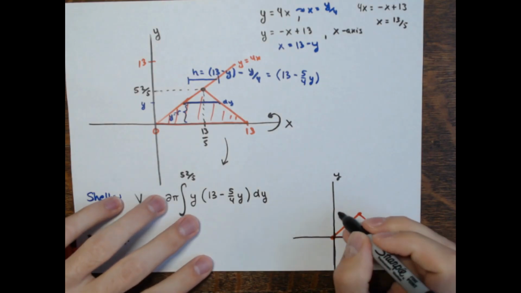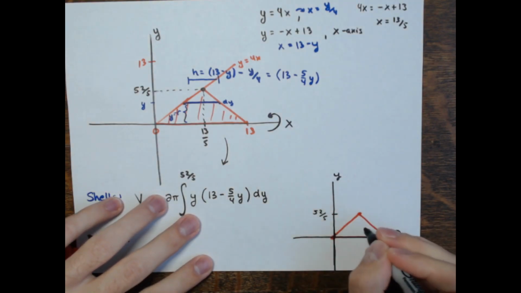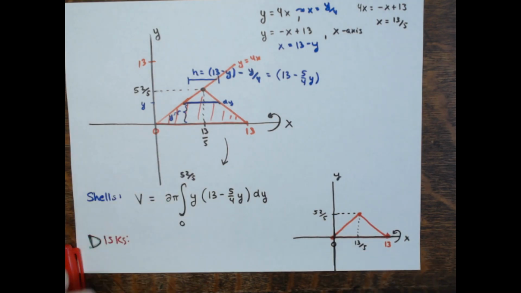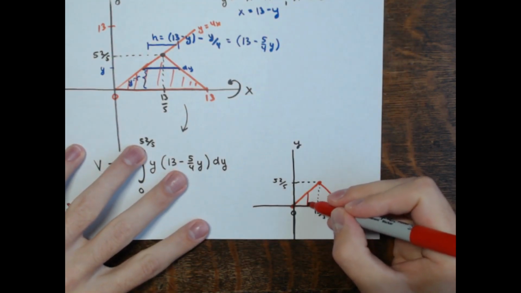This y coordinate here was 52/5, and the x coordinate where they meet was 13/5, and then you got 0 here.